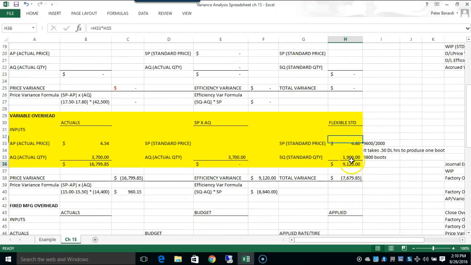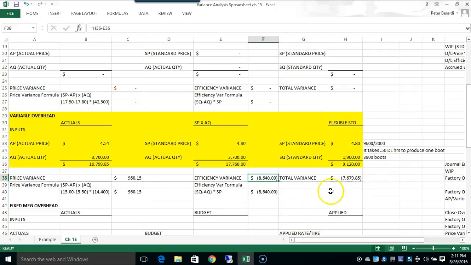Back to variable overhead. And essentially, that's your answer.